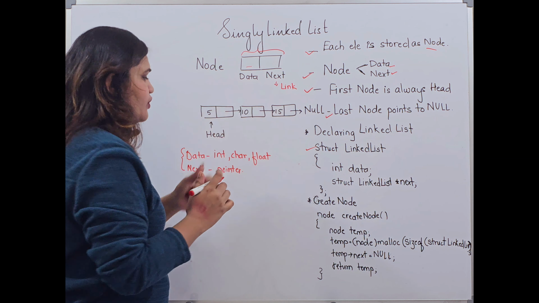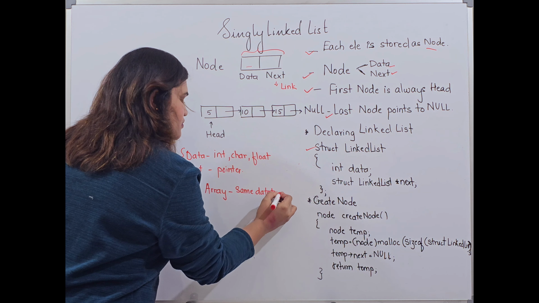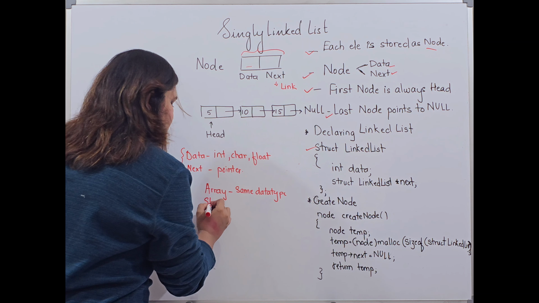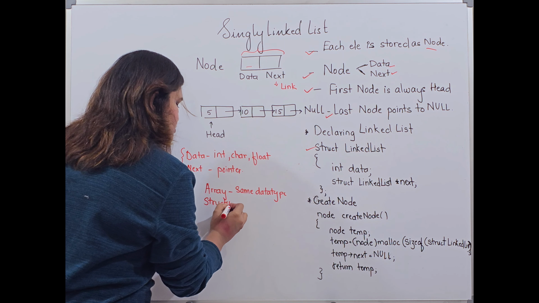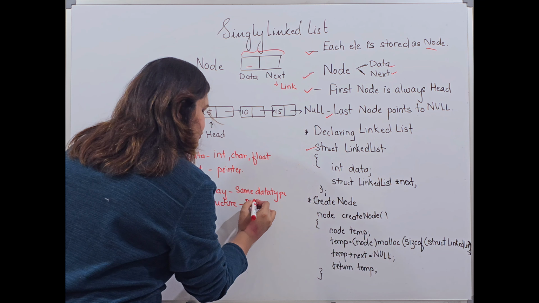If you take an array, what does an array do? Array stores data of the same data type. There is one more concept, a structure. What does it do? It holds different data types.